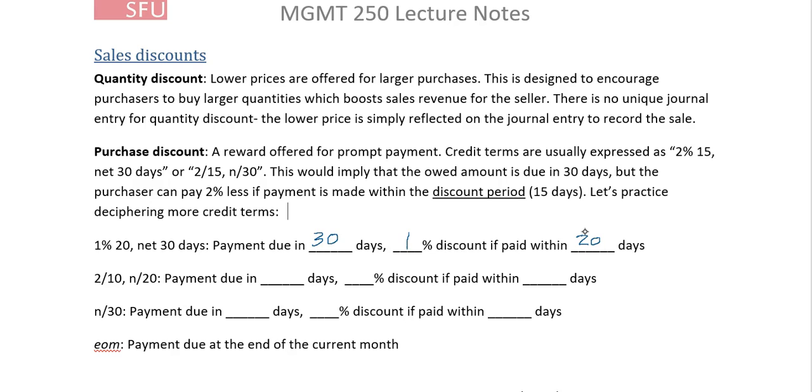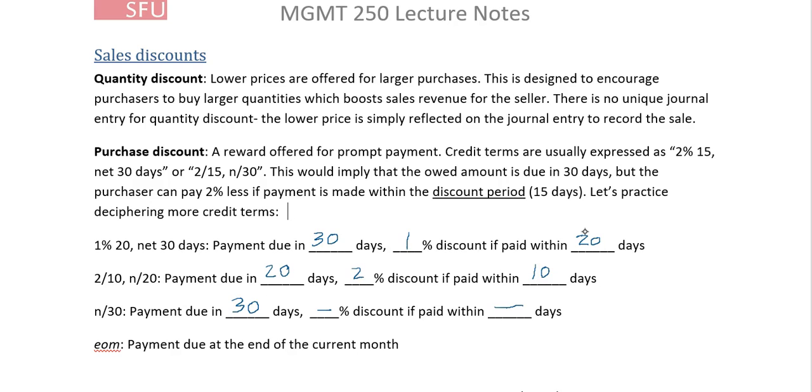This means that the payment is due in 20 days, but you can receive a 2% discount if you pay within 10 days. N/30: payment is due in 30 days, but there is no discount available at all.